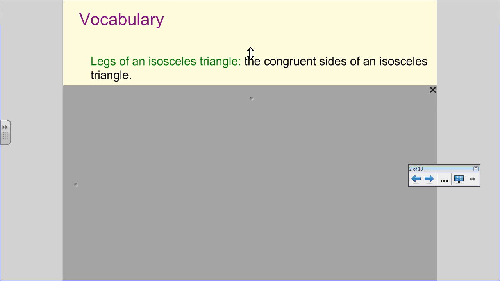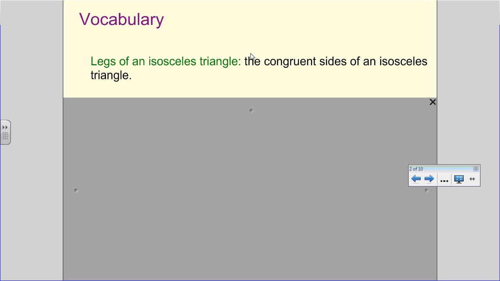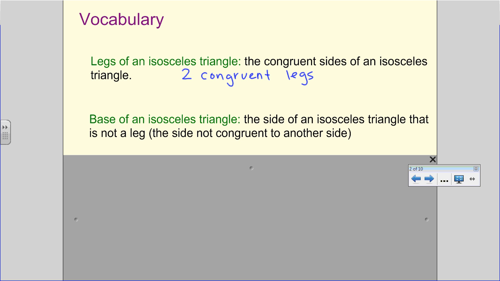Obviously, our vocabulary we want to work on. The legs of an isosceles triangle refer to the congruent sides of an isosceles triangle. Because it has two congruent sides, you will have two congruent legs. The base of an isosceles triangle is the side that is not a leg.